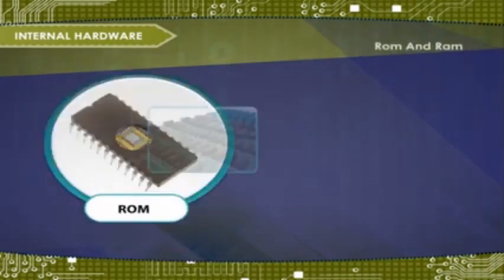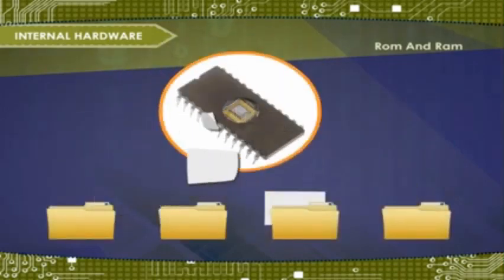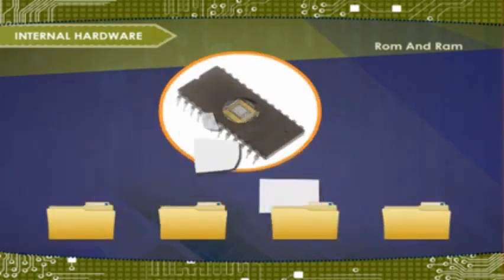ROM and RAM. ROM, read-only memory. It is the permanent memory. The data is not removed even if the computer is switched off. Information can only be viewed, but no changes can be made in the ROM. ROM stores programs that are required for the working of the computer.